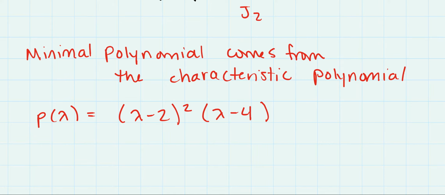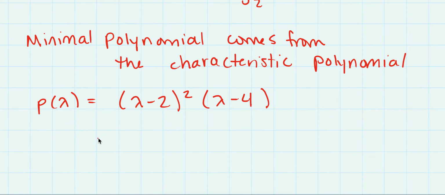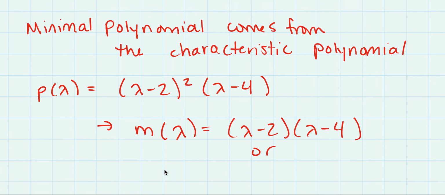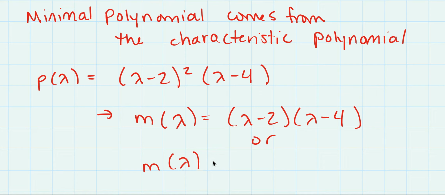Let me show you something real quick. So you can write this as the minimum polynomial is either going to be lambda minus 2 times lambda minus 4, or lambda minus 2 squared times lambda minus 4. So we have to keep the eigenvalues, so that you see how I have a lambda minus 2 squared and a lambda minus 4.